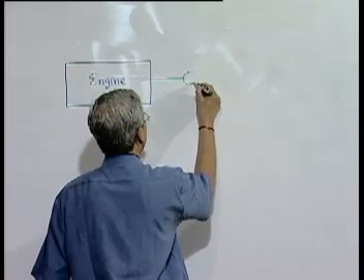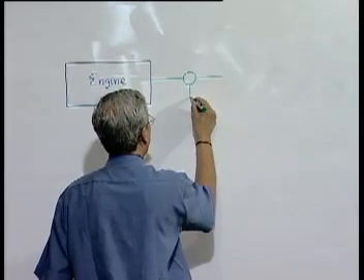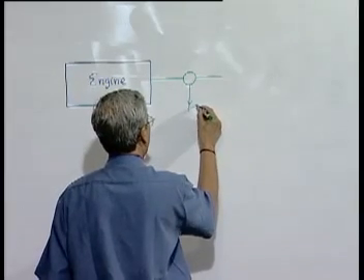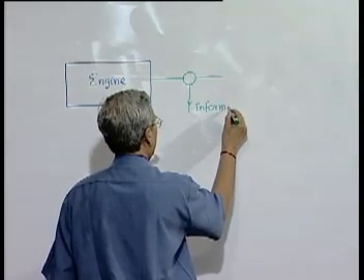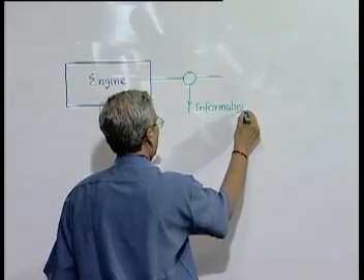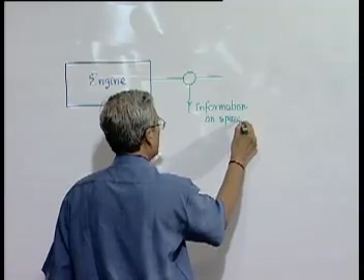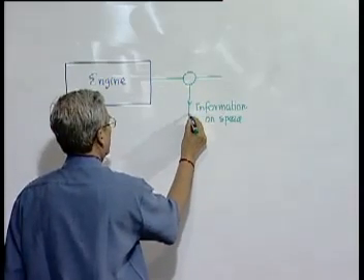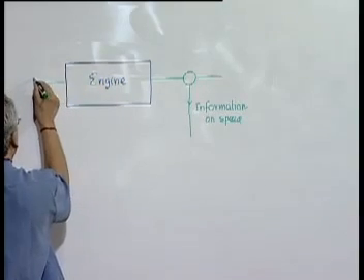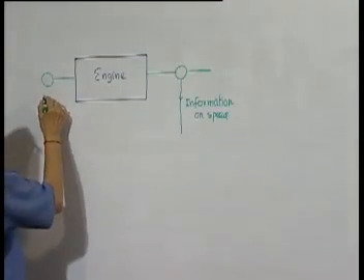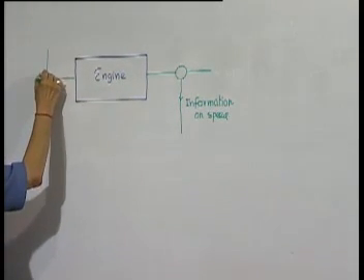information about the speed is picked up, some signal, say a voltage which is produced by some tachometer or tacho generator here. We take this and we compare it with some reference speed.